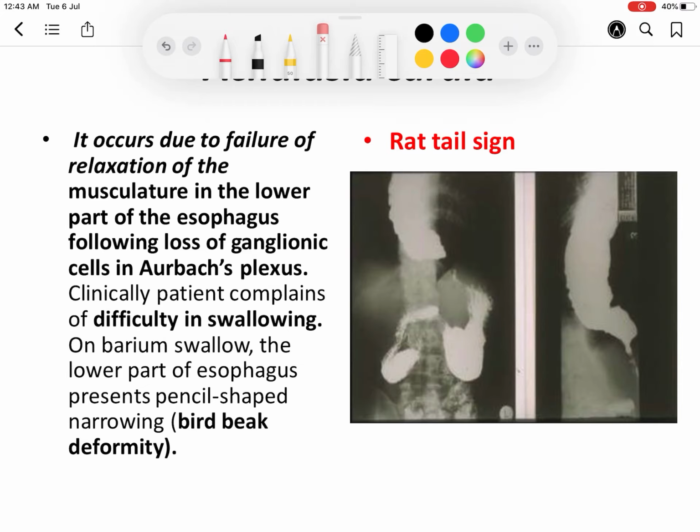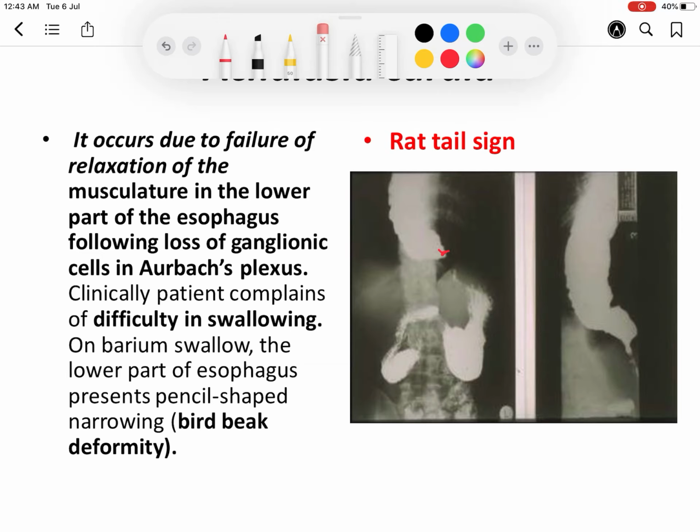Here you can see the esophagus fails to dilate distally, and the proximal part of the esophagus will be dilated, and food will not enter the distal part. It is just like a bird beak deformity or pencil shaped narrowing, and the patient will complain of difficulty in swallowing.